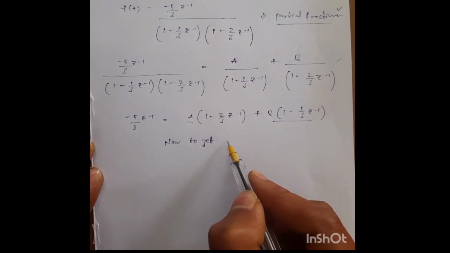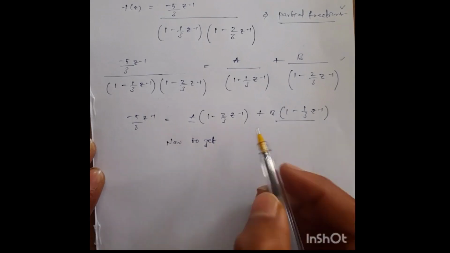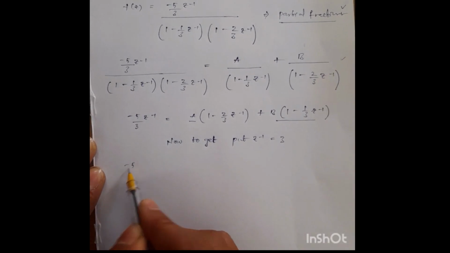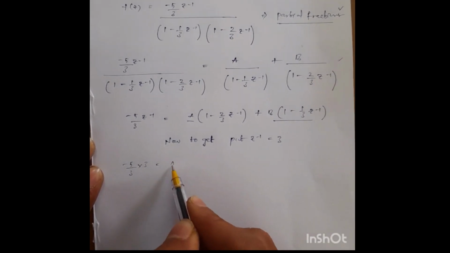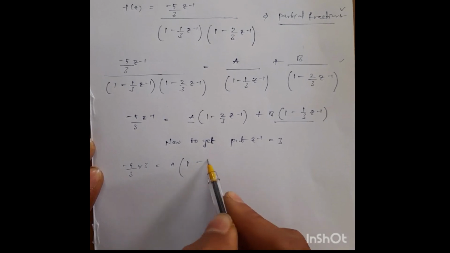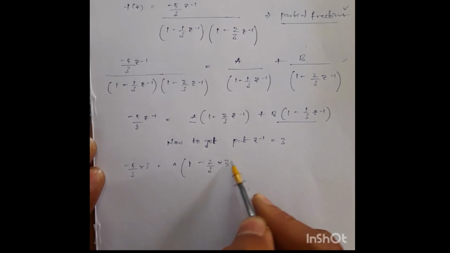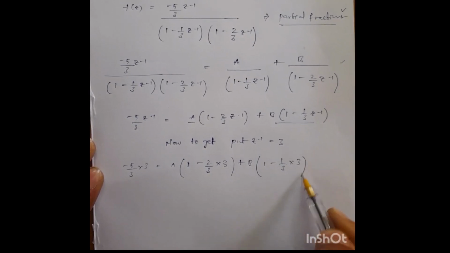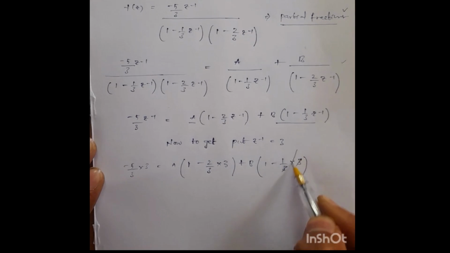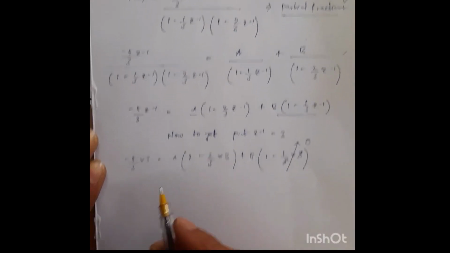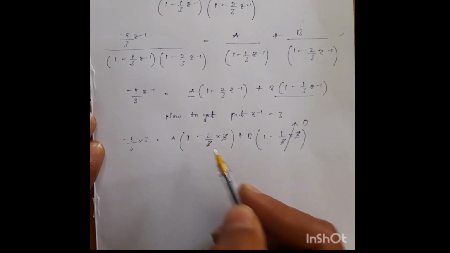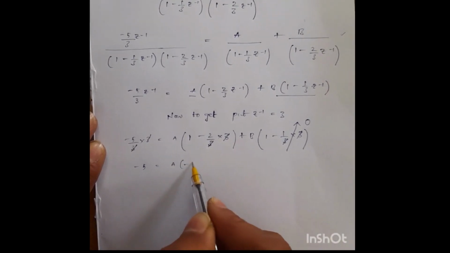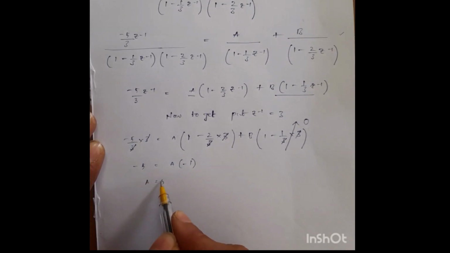So put z inverse equals to 3. Now minus 5 by 3 into 3 is equals to a into 1 minus 2 by 3 into 3, plus b into 1 minus 1 by 3 into 3. So this gets cancelled, 1 minus 1, this total term will be 0. So the leftover term is this, where 3 cancels 3. Here minus 5 equal to a into 1 minus 2, which is minus 1. So finally a is equal to 5.